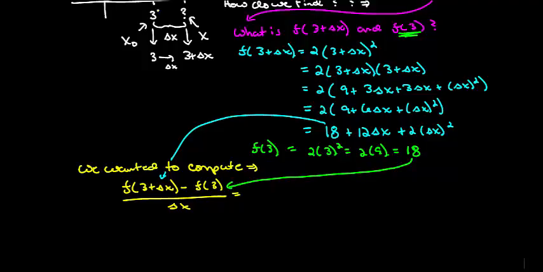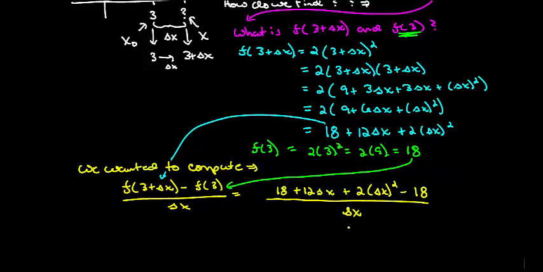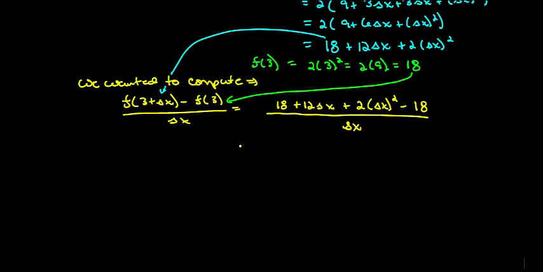So let's plug those values in. We get our 18 plus our 12 delta x plus 2 times delta x squared, minus 18, because we have to subtract off f at 3. And of course, that's divided by delta x.